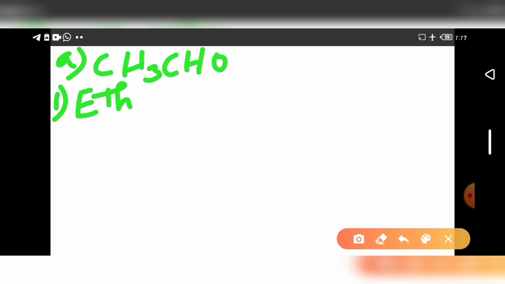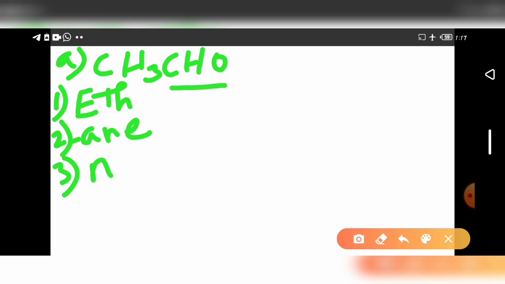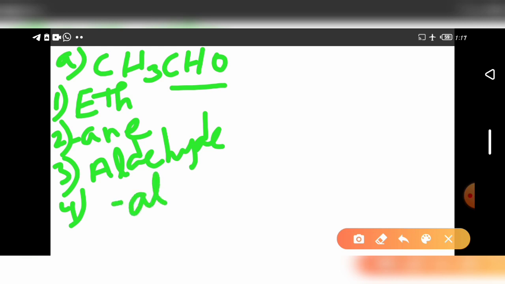Second, identify whether it is a single bond or double bond. Here it is a single bond, so it ends with the primary suffix ane. Next, third step, what is the functional group? That is aldehyde. Fourth step, what is the secondary suffix? The secondary suffix to add is al.